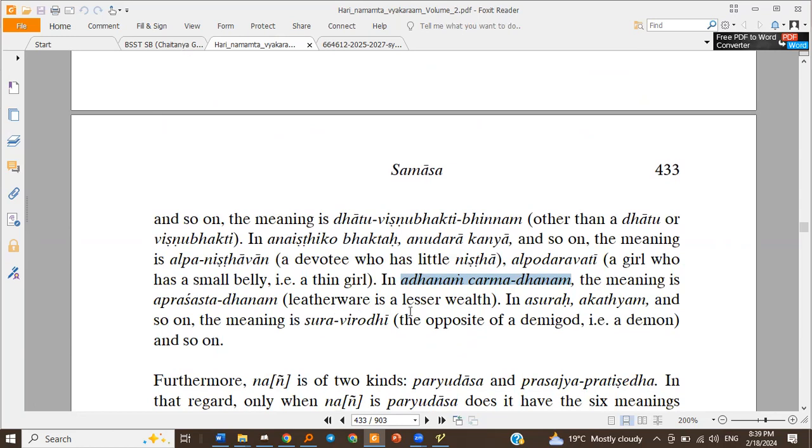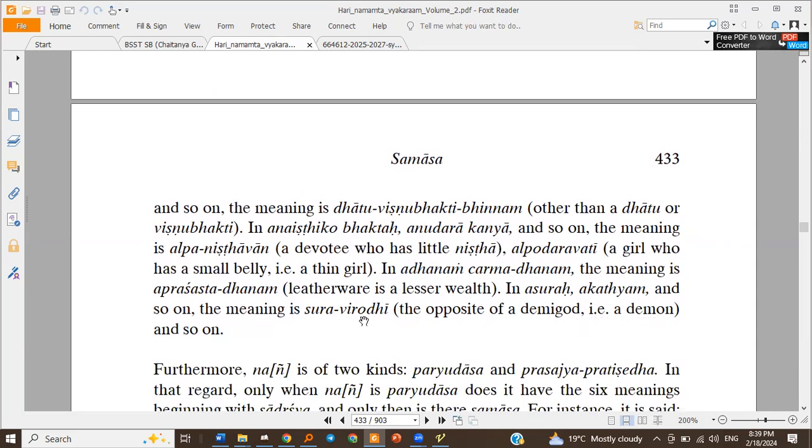Leatherware is a lesser wealth. So charma is leather, so it's adhanam, inferior, aprashast. And then in asuraha, akathyam, and so on, the meaning is sura virodhi, the opposite of a demigod.